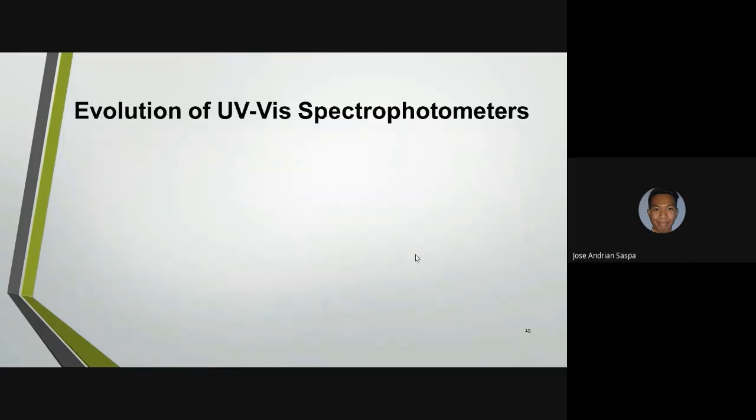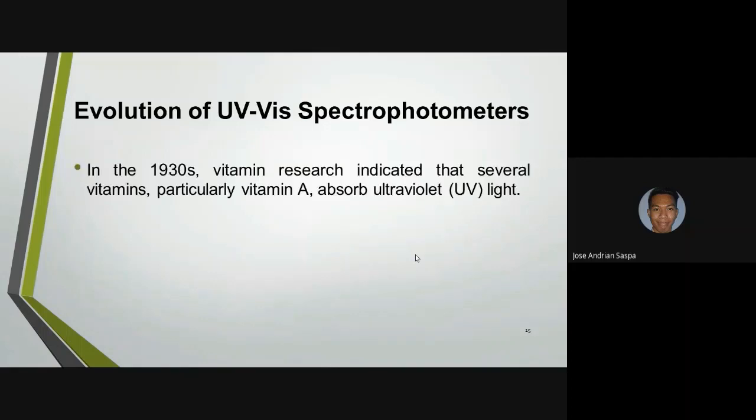Okay, so let's look at the evolution of the UV-vis spectrophotometer. In the 1930s, vitamin research indicated that several vitamins, particularly vitamin A, absorb ultraviolet light. With this observation, they wanted to determine how much ultraviolet light is absorbed by vitamins.